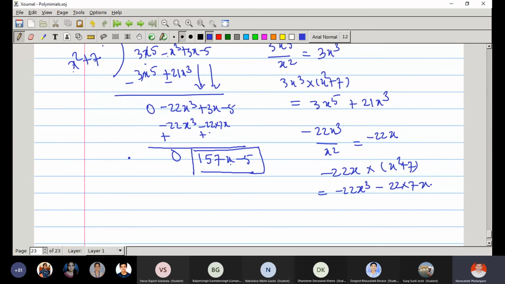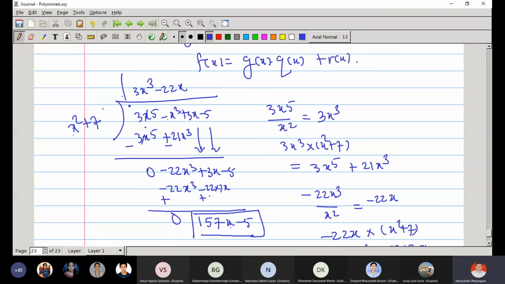So we should stop here. This is the quotient q(x), this is the remainder r(x), right? This is g(x) and this is f(x), and write down the expression. And what is the degree of r(x) now? 1, which is less than the degree of g(x), which is 2.